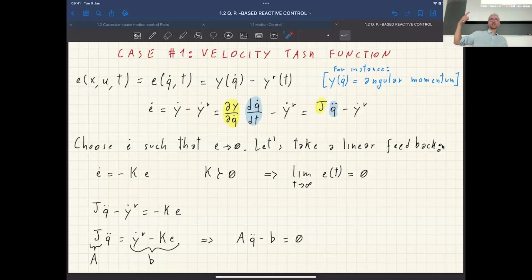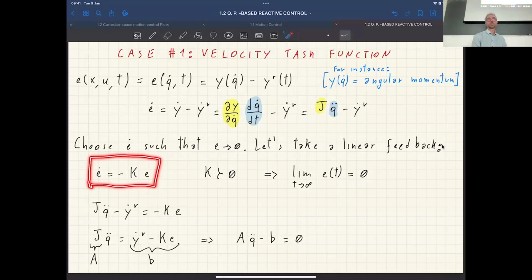If you have taken any course on basic control theory or system theory or linear differential equations, for that matter, you should know that if you set E dot equal to minus some linear function of E, like E dot equals minus K E, where K is just a positive definite matrix, then these dynamics make E go to 0 with an exponential behavior.